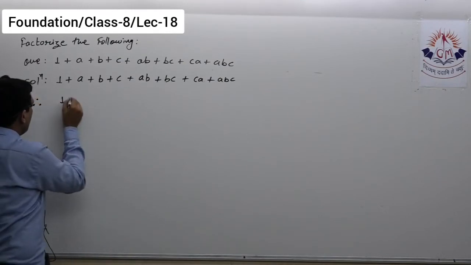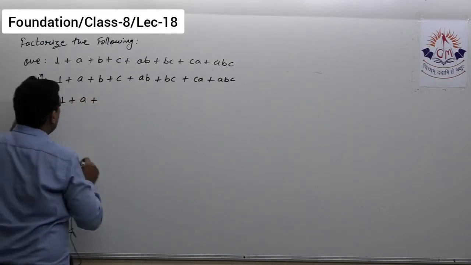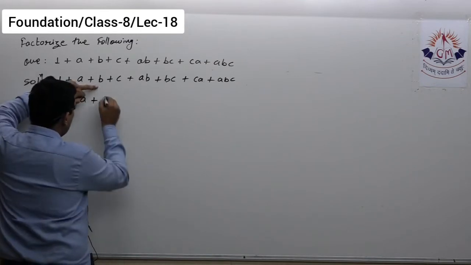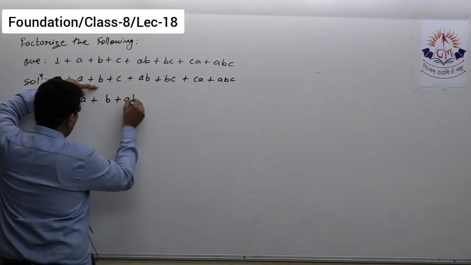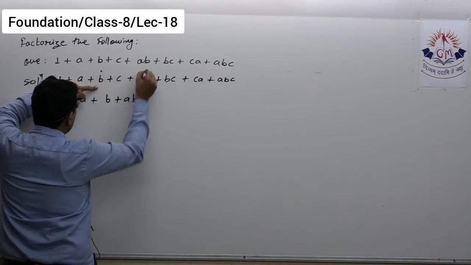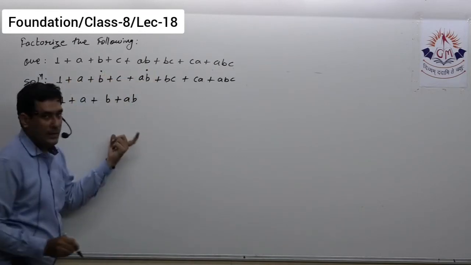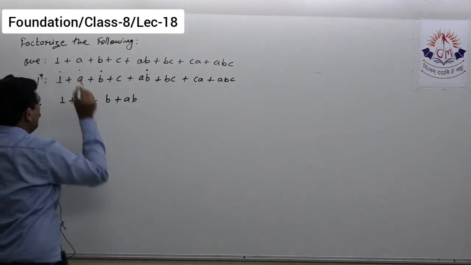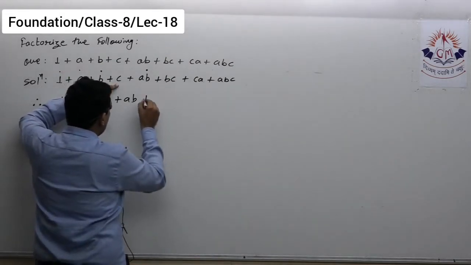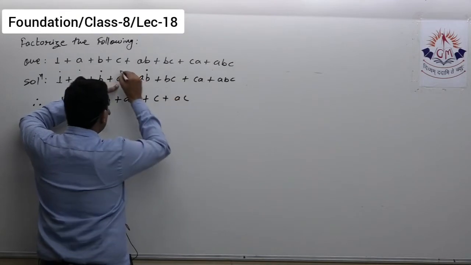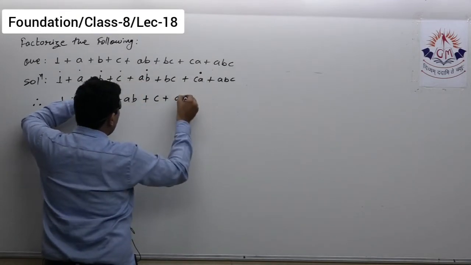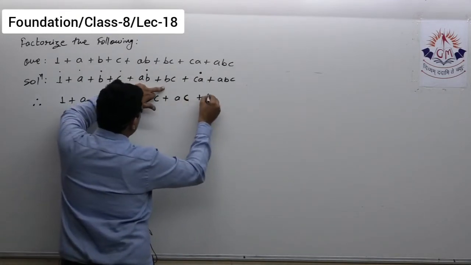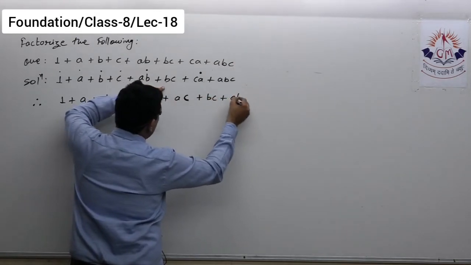So first I will write 1 plus a, then b plus ab. I'm putting a dot so that I know which terms I have already taken over here. Then c plus ac, and finally the two terms left, that is bc plus abc.